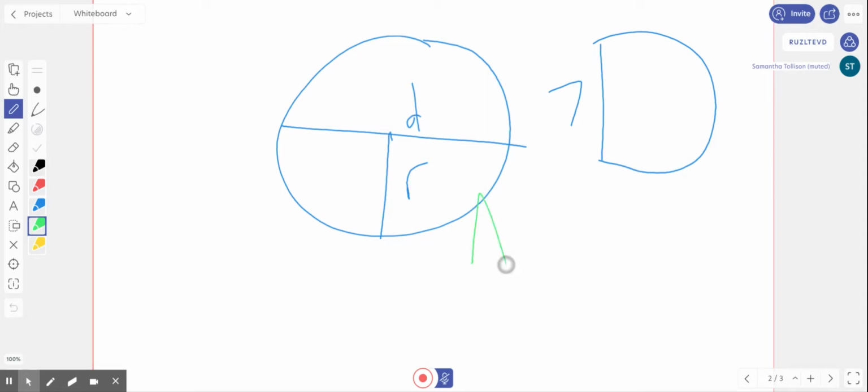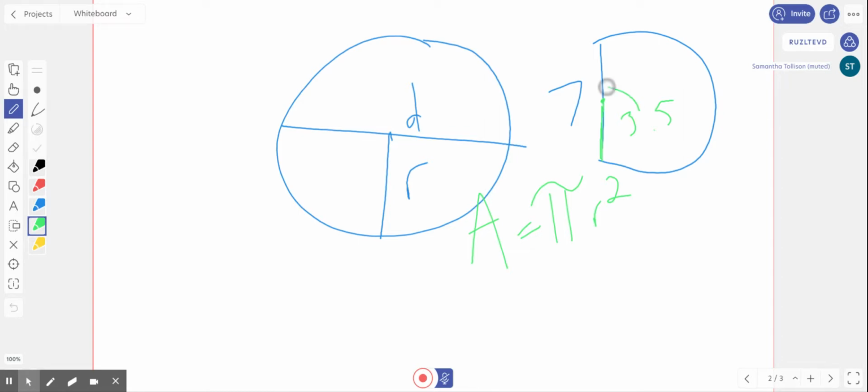So remember, area equals pi r squared. So I need to find the radius here. Well, if my diameter is 7, half of 7 is 3.5. So my radius here is 3.5.